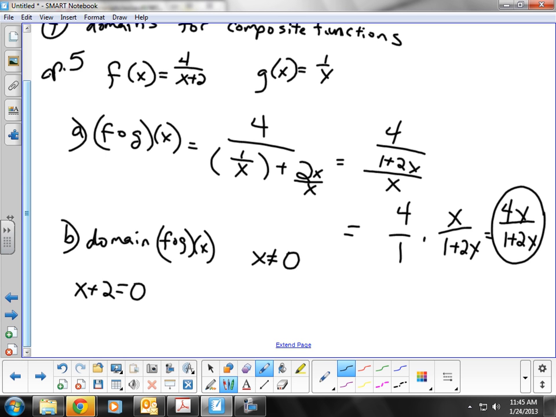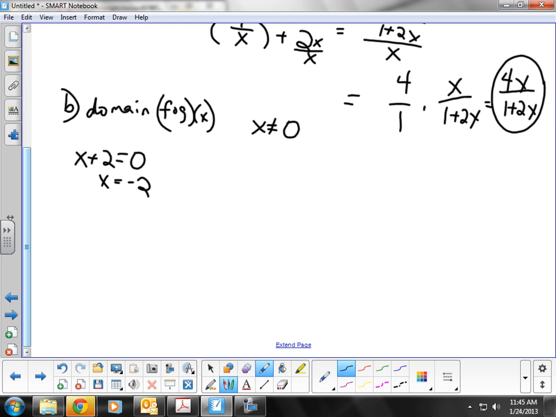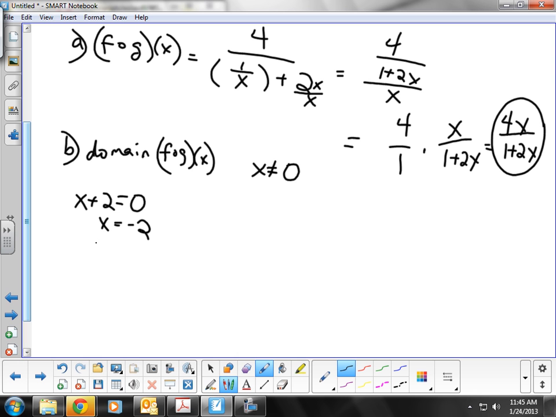And so x is negative 2 there. But it's not that x can't be negative 2, it's that g of x can't be negative 2 on that one. So g of x is 1 over x, so it's 1 over x that cannot be equal to negative 2. Everybody understand?